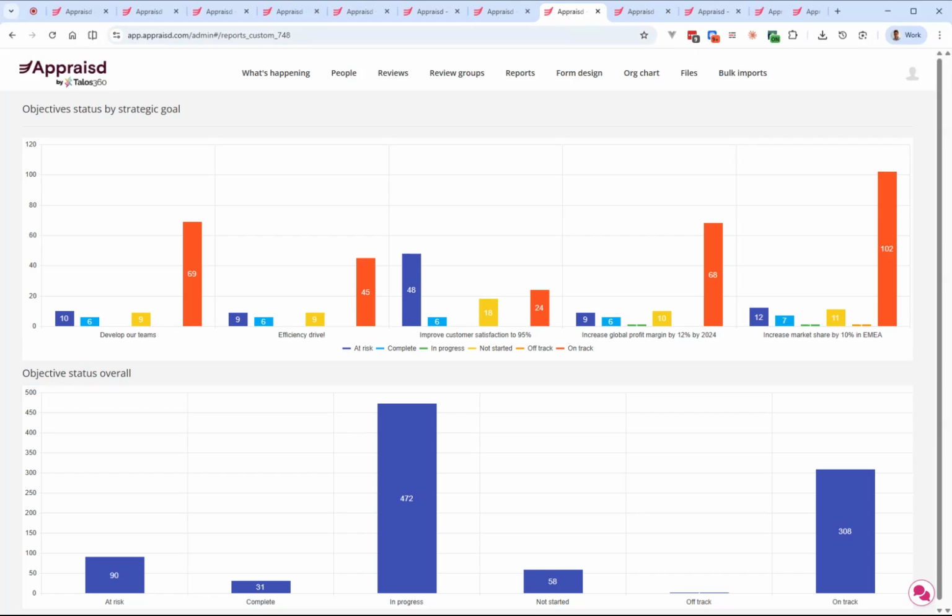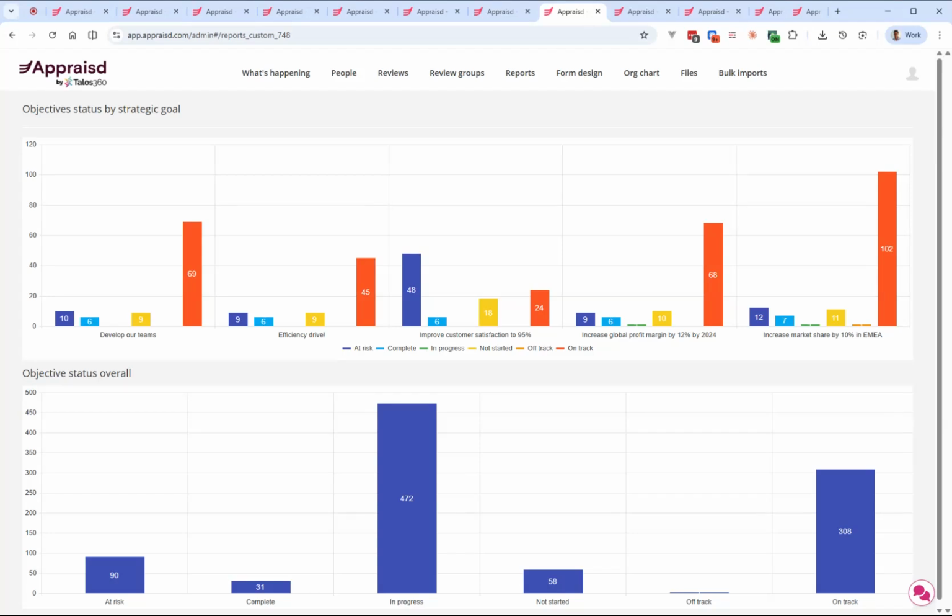Here we're looking at objectives and in particular strategic goals. This organization has 5 strategic goals: develop our teams, efficiency, drive, and so on. And the individuals within the organization have been tasked at the beginning of the year with setting objectives for themselves that contribute to one of those 5 strategic goals. As they were setting them up, they had to choose a strategic goal that they'd be contributing to.